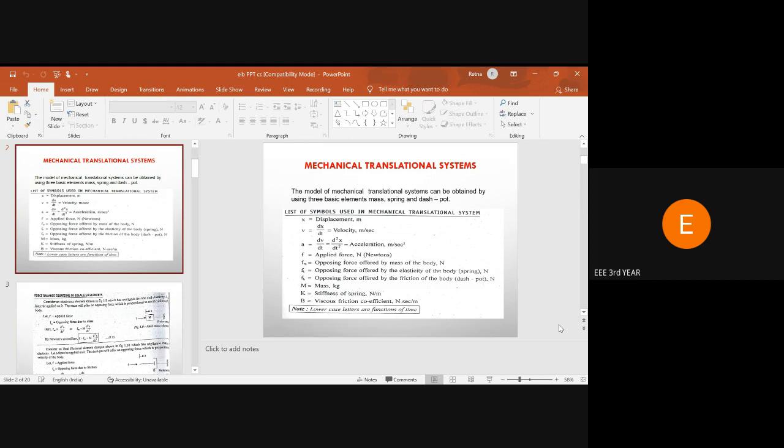The list of symbols used in mechanical translational systems: x equal to displacement, v equal to velocity, a equal to dv by dt equal to d square x divided by dt square equal to acceleration, f equal to applied force, Fm opposing force offered by mass, Fk opposing force offered by elasticity, Fb opposing force offered by friction, M symbol of mass, K stiffness of the spring, B viscous friction.